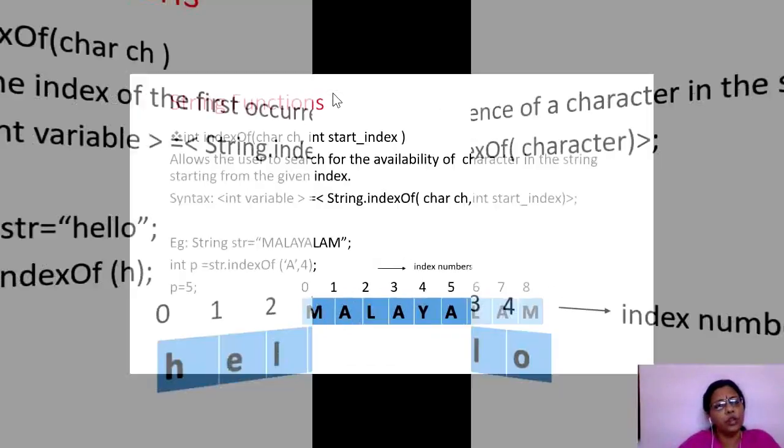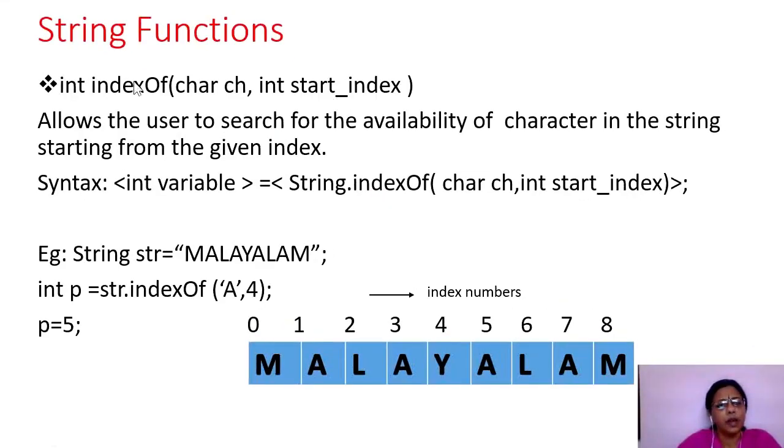Now we move on to the next function. In the same function indexOf, earlier we used only one argument being passed. Here you are passing two arguments. One is char and the other one is int.